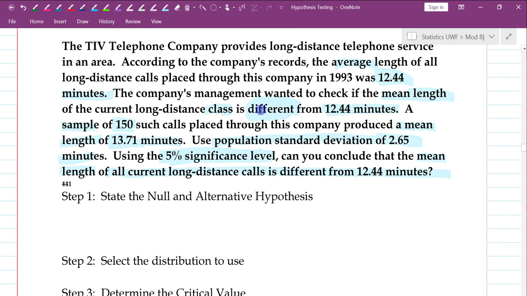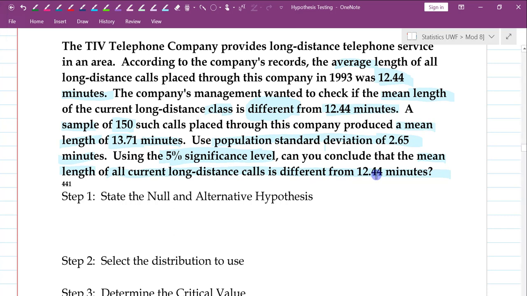Because there's a difference I'm testing for, that tells me I'm doing a two-tailed test. A sample of 150, n equals 150 such calls placed through the company produced a mean length, x bar, of 13.71 minutes. Population standard deviation, sigma, is 2.65. Using the 5% significance level, that tells me alpha is 0.05, can you conclude that the mean length of all current long distance calls is different from 12.44?